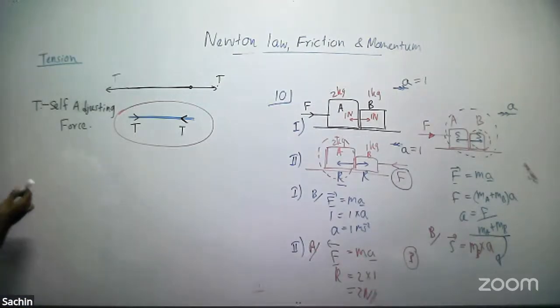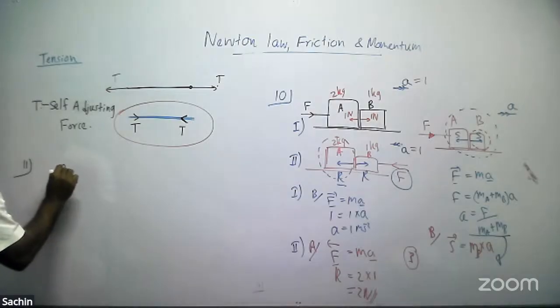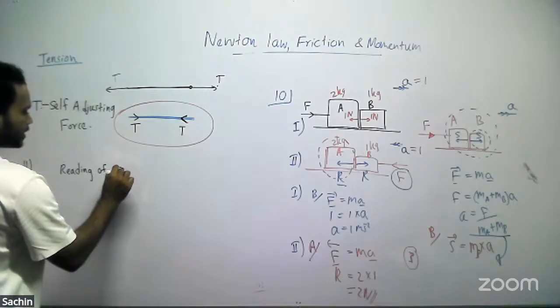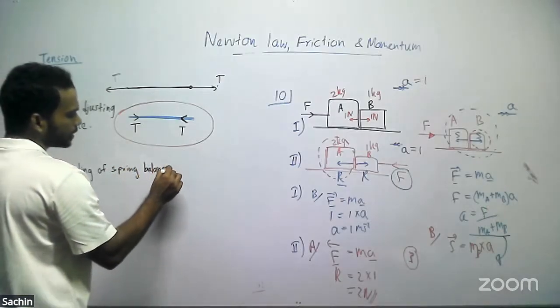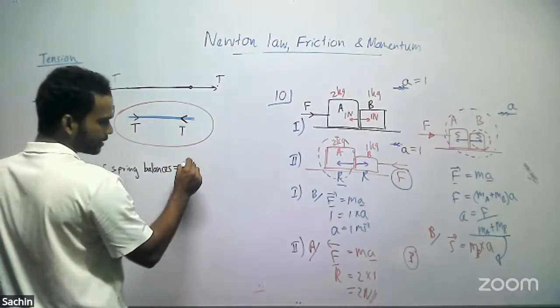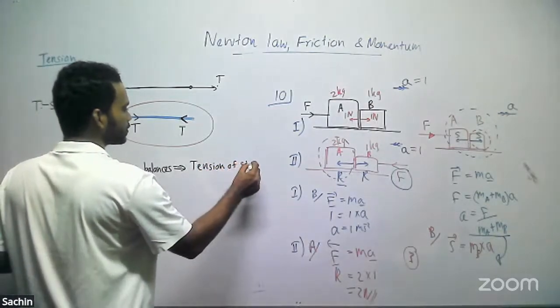So we will go through the first few examples. First, they have given a pulley system and asked us to find the tension. Find the acceleration of the following pulley systems and the readings of the spring balances. Remember, the reading of a spring balance is nothing but the tension of the string under the balance.